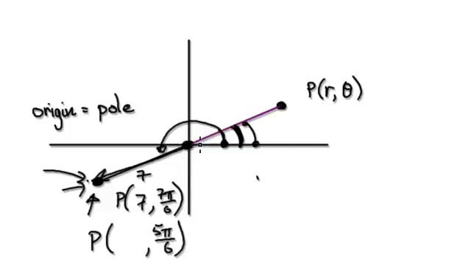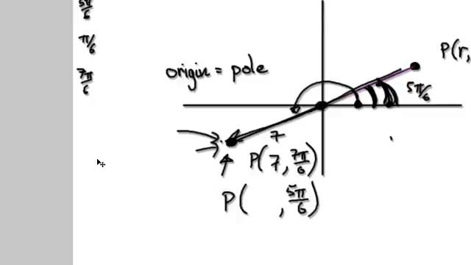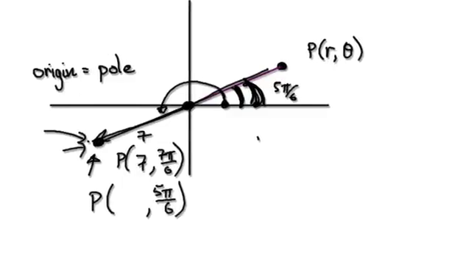But instead of positive 7, which will take us here, if you want to specify this point here, you can state this angle here, but instead of positive 7, you can say negative 7.